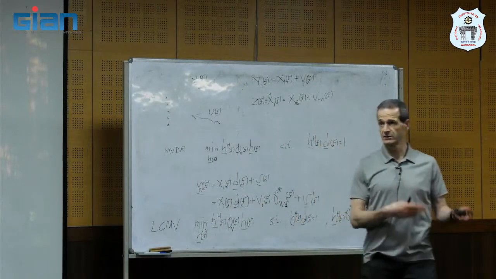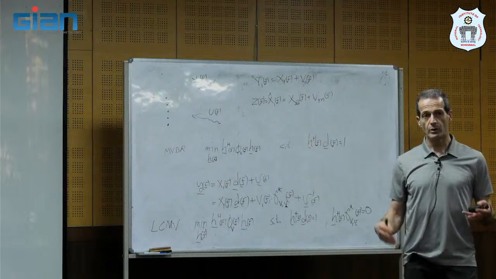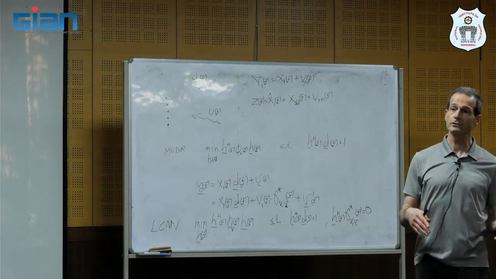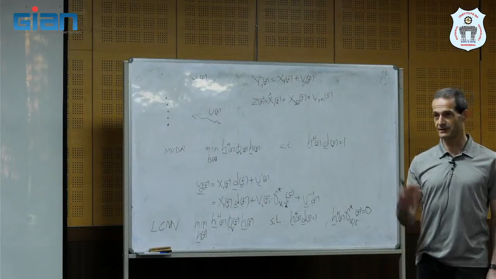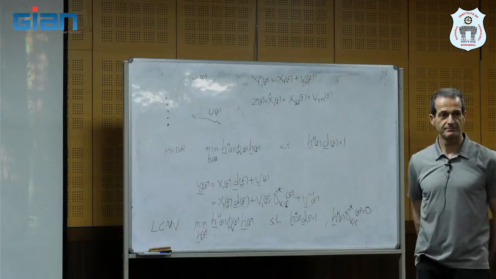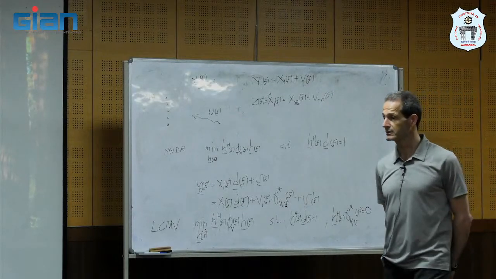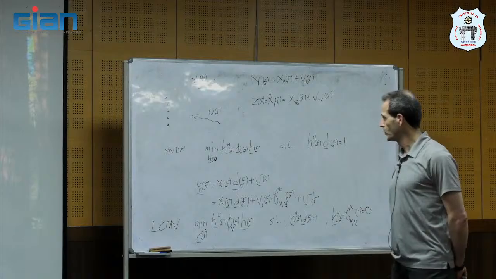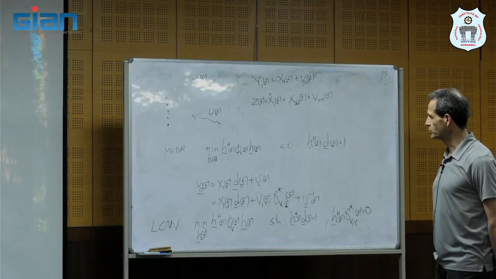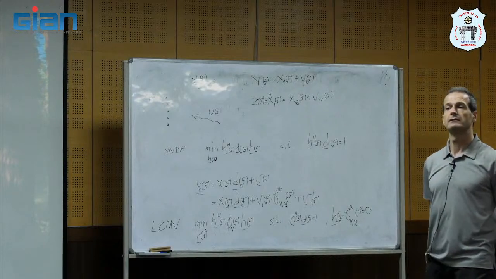Under which circumstances is there an advantage of using LCMV compared to MVDR? This is your question, right? Very good question. Let's think about the answer. Think about under which conditions it's better to use LCMV than MVDR.